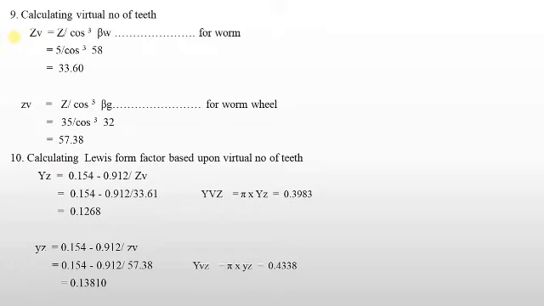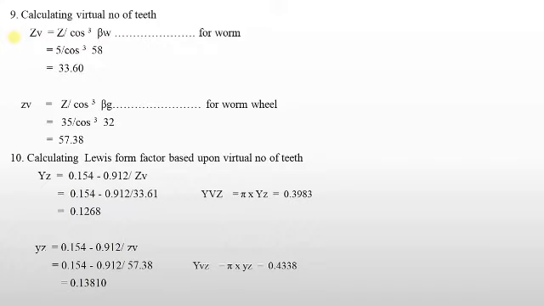Step 10. Calculate the Lewis form factor based upon virtual number of teeth, which is equal to pi into 0.154 minus 0.912 upon virtual number of teeth for worm, which is equal to 0.3983.